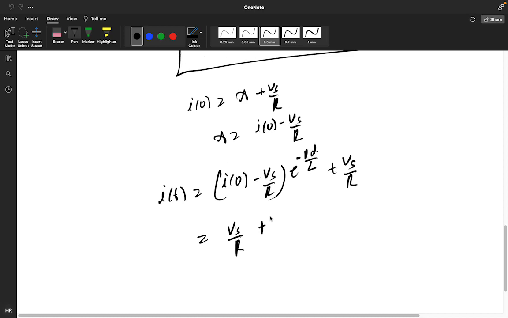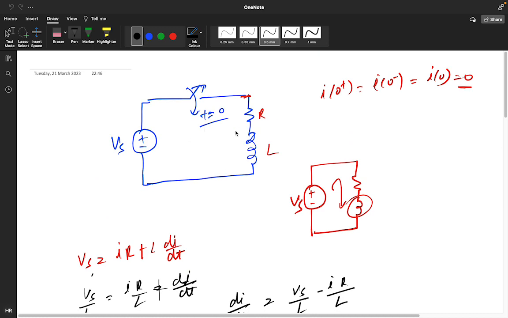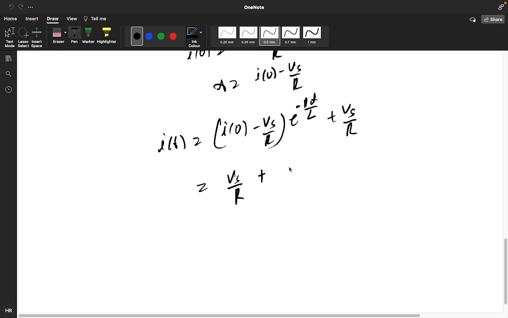The initial I of 0 was 0, so put the value of I of 0 as 0, minus Vs by R e power minus RT by L.